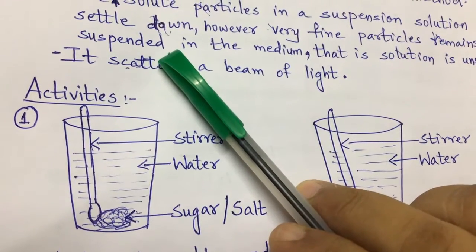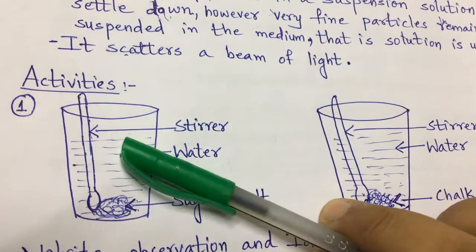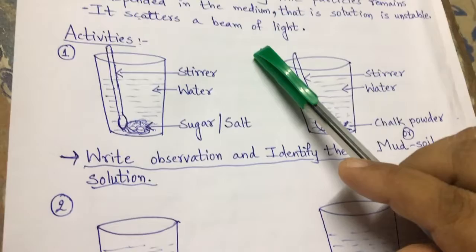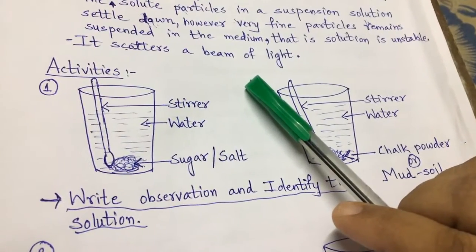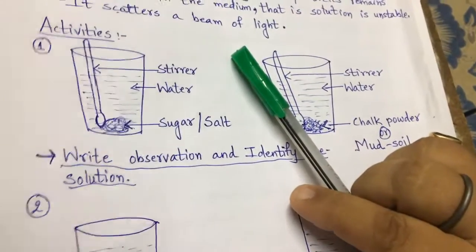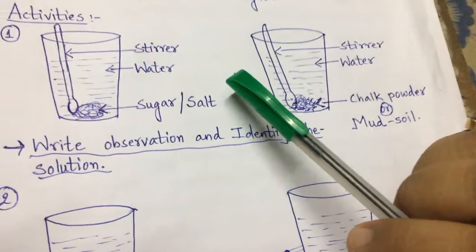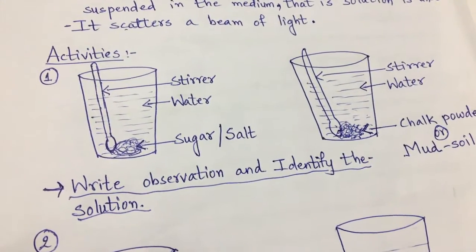This is a suspension solution. If a beam of light is passed through this solution, it will scatter the light. When I say scatter the light, that means you can see the path of the light from the source even in the solution and out of the solution.